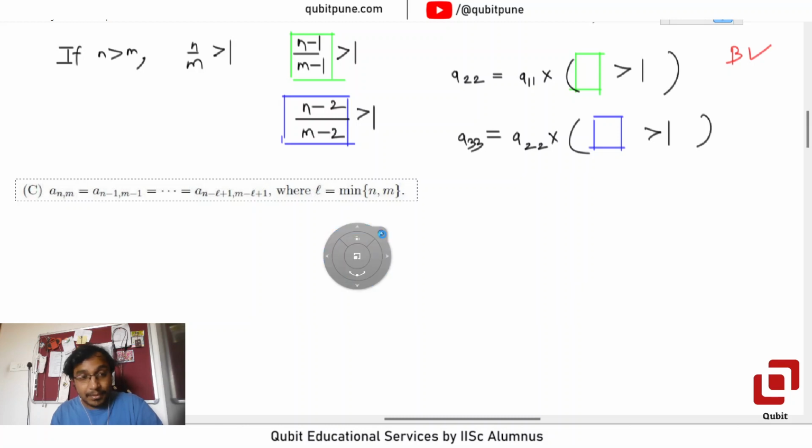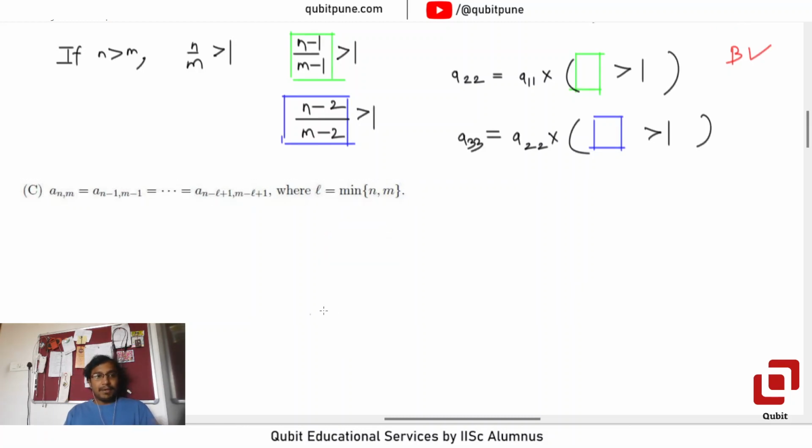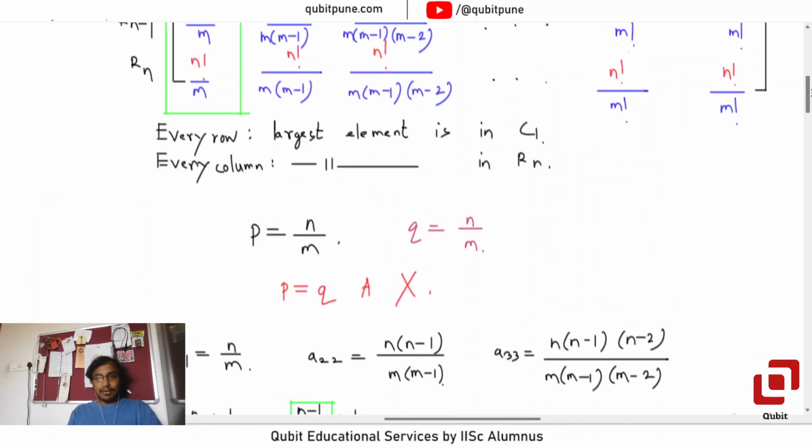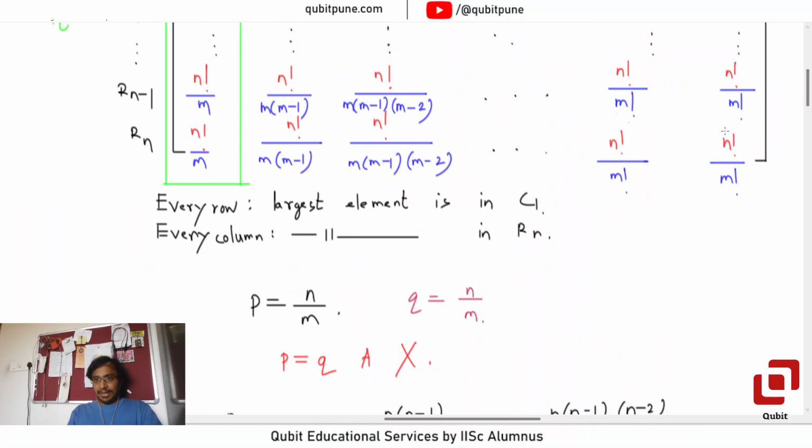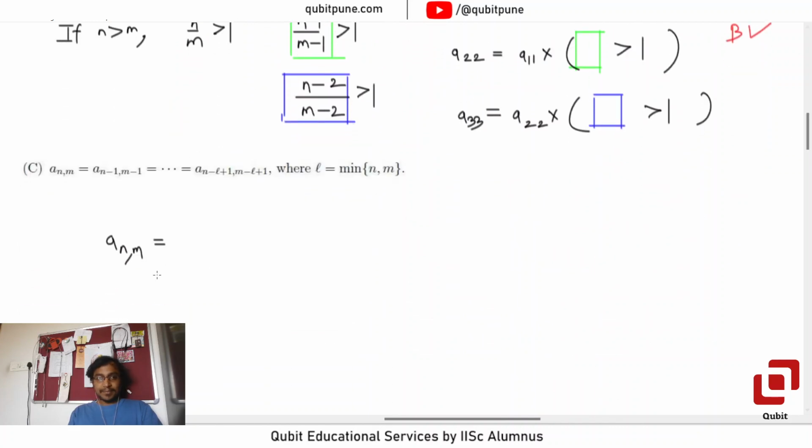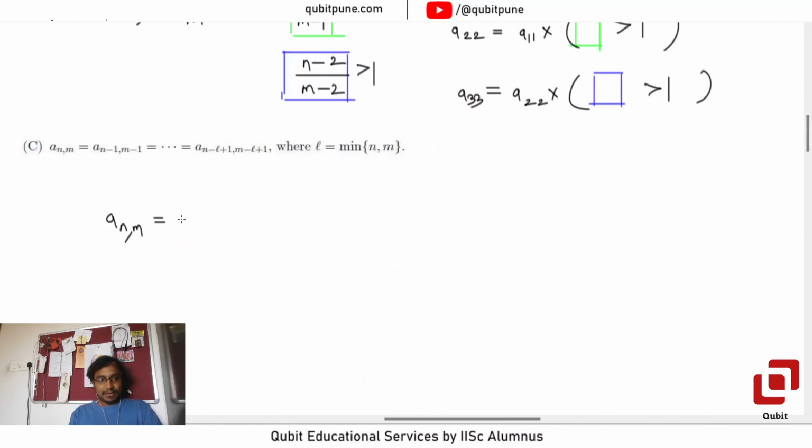Now everybody agrees that ANM would be n factorial upon m factorial. This element, nth row, mth column, correct? That is n factorial upon m factorial.